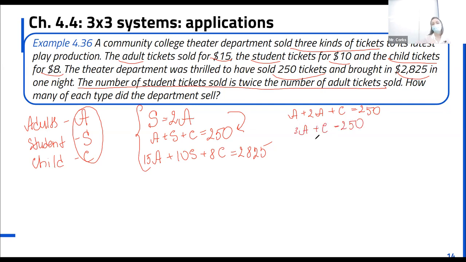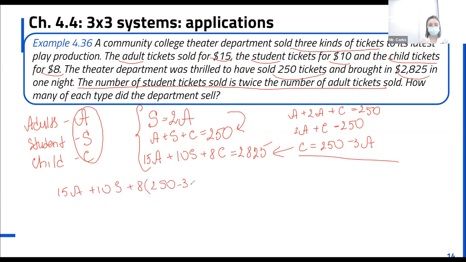Let's isolate C and then substitute. So 250 minus 3A. And we will input here. So 15A plus 10S plus 8 times (250 minus 3A) equals 2825.